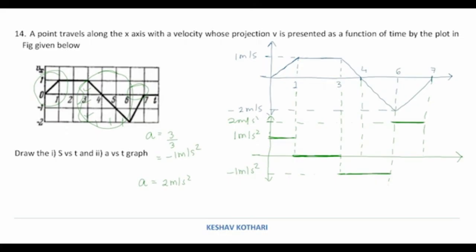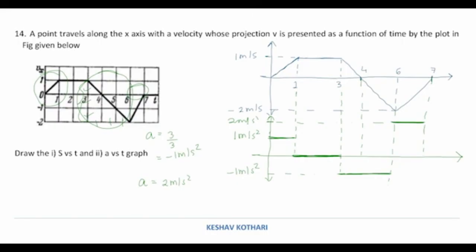Now we are going to discuss the displacement time graph. So I am removing the acceleration time graph. We have already noted the accelerations which were needed for the calculation.